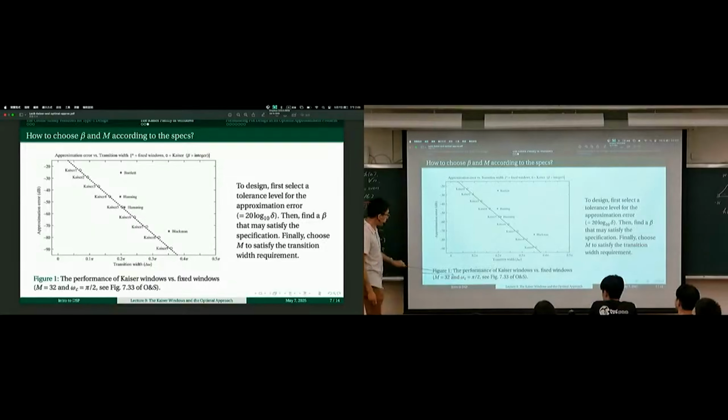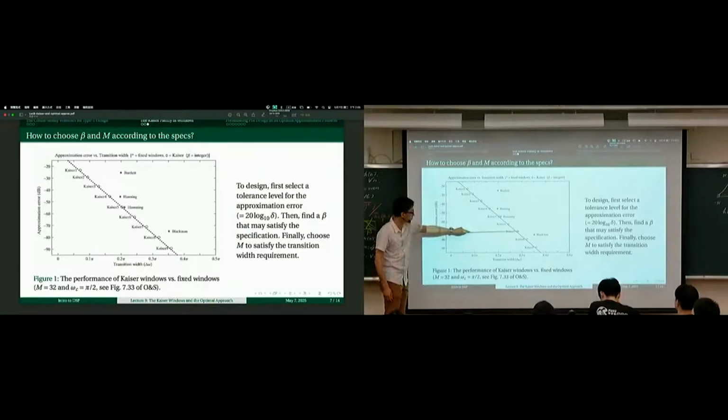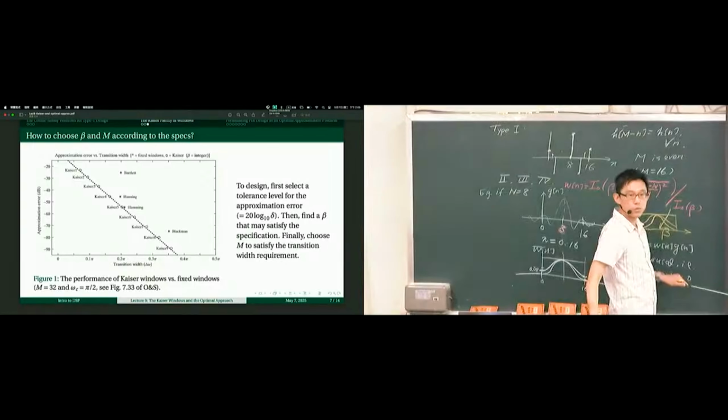I just want to say that for any given Kaiser window, the transition width is going to be inversely proportional to M right here. Now we are only plotting M equal to 32, so you can figure out what if M equals 64.